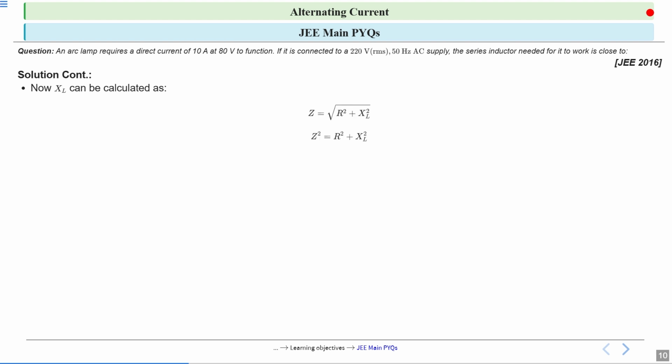Z square is equal to R square plus X_L square. X_L is equal to root Z square minus R square. Now put the value of Z and R. X_L will be equal to root 22 square minus 8 square, which is root 484 minus 64, so X_L equal to root 420, and the value of X_L is approximately equal to 20.49 ohm.